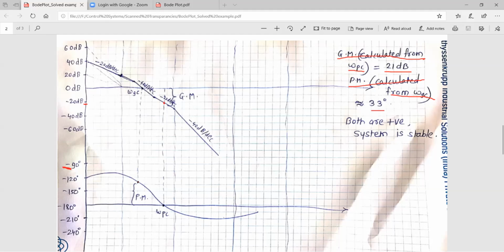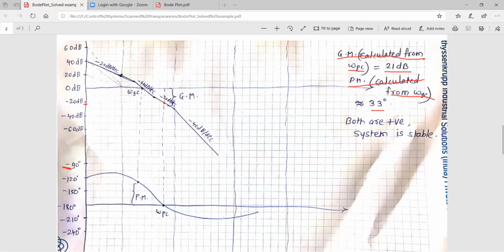So you can ignore this negative sign when checking whether the phase margin is positive or negative. Here the value is around 133, 134, or 135, and you calculate up to 180.